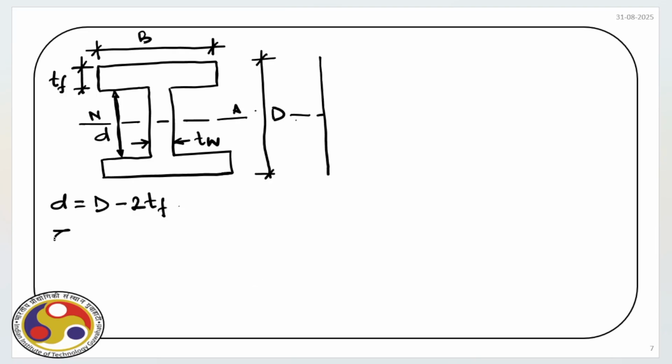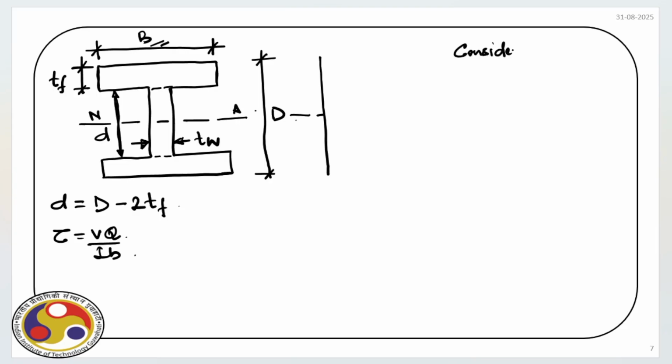Now we already know tau is equal to VQ by IB. The problem is here we have a change of the width as we move away from the neutral axis. So initially it had width of TW, then once we cross the web and enter into flange, we have a width of capital B.